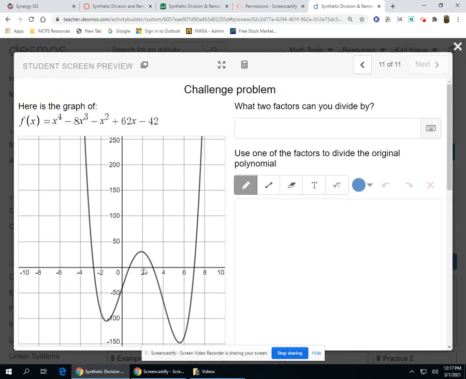And this one, I could look for the integer zeros here, 3 and 7.